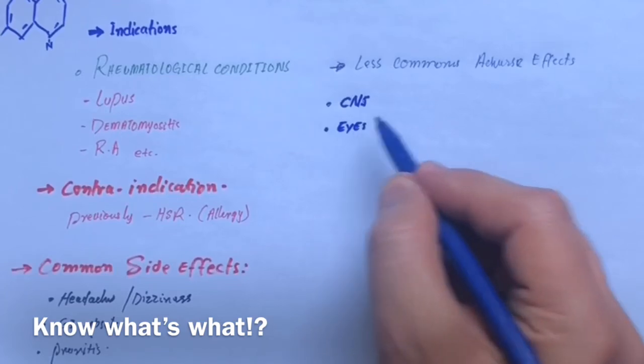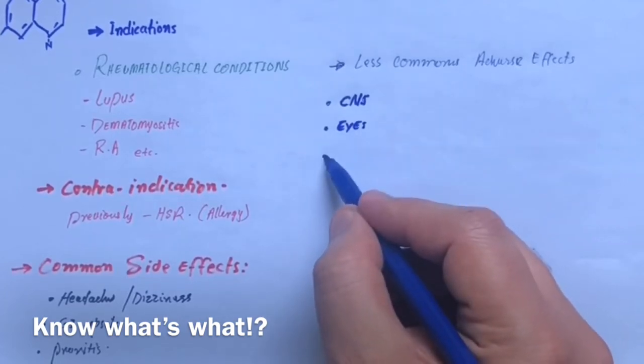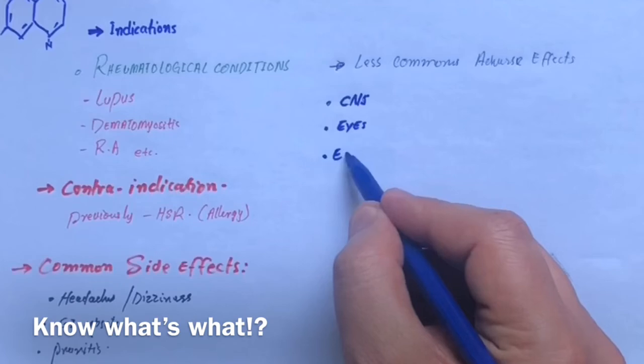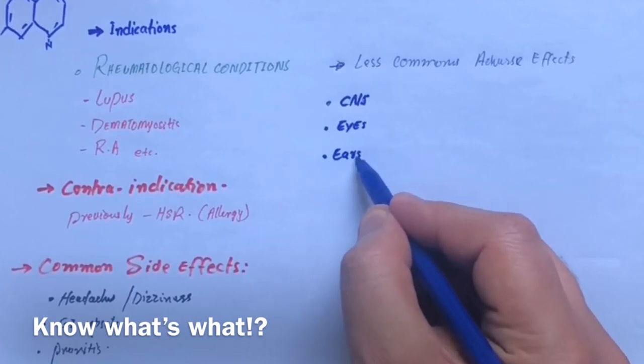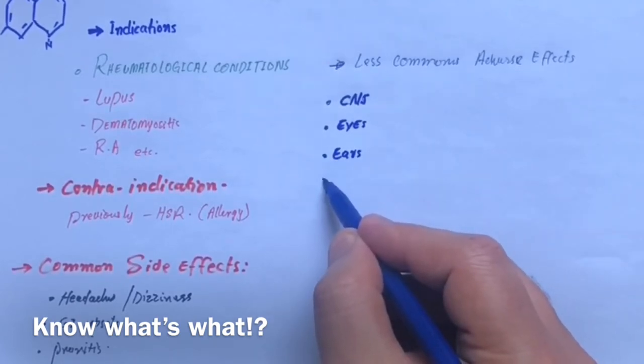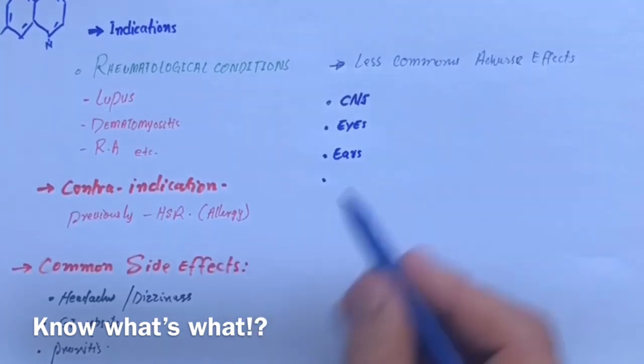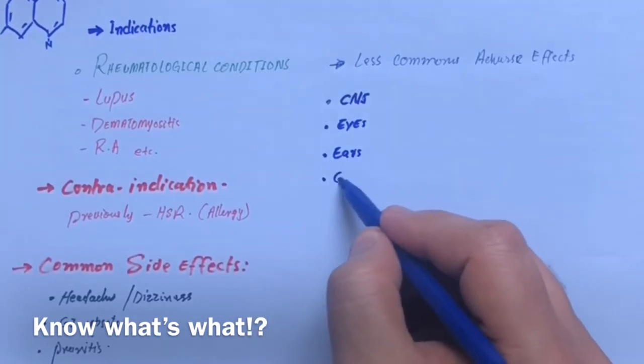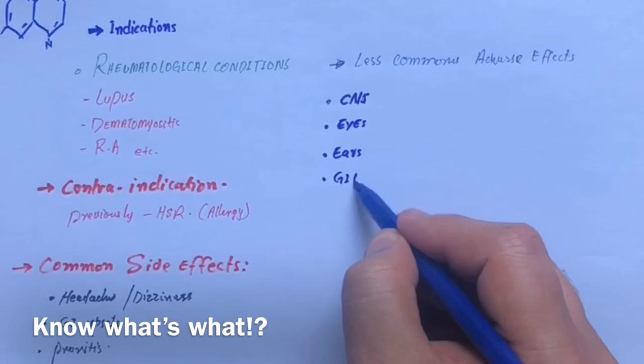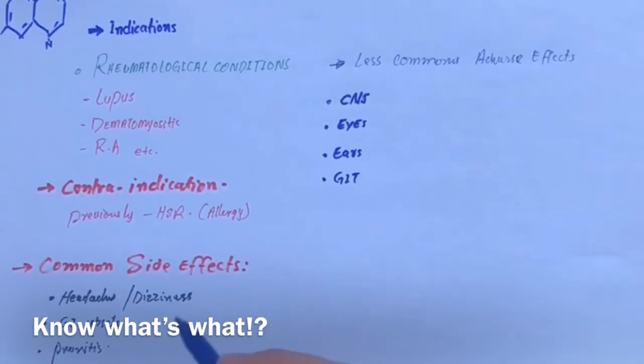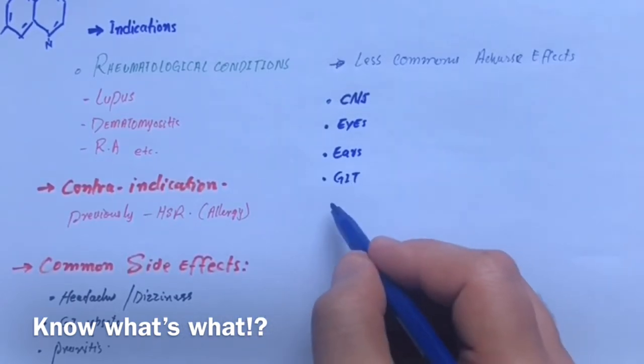On the ears, it will cause hearing loss and tinnitus, which is the ringing of bells in your ear. And then on the GIT, it will cause abdominal cramps, decreased appetite, nausea, vomiting, and diarrhea.